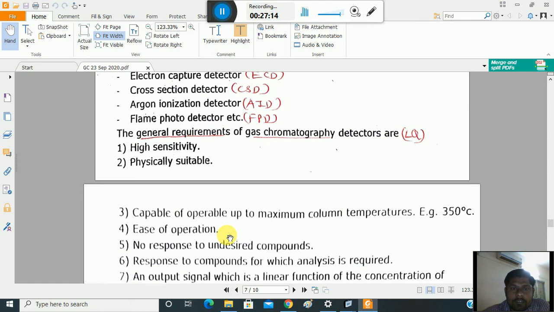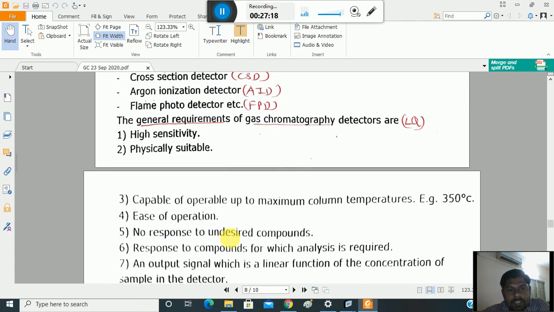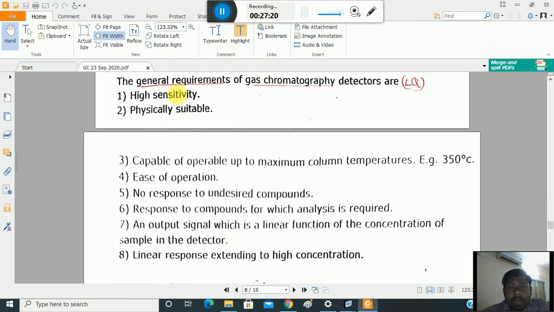The general requirements of those GC detectors are high sensitivity, being physically suitable, capable of operating up to a maximum column temperature of 350 degrees Celsius, ease of operation, and no response to undesired compounds that give errors in the chromatogram, such as tailing of the peak.